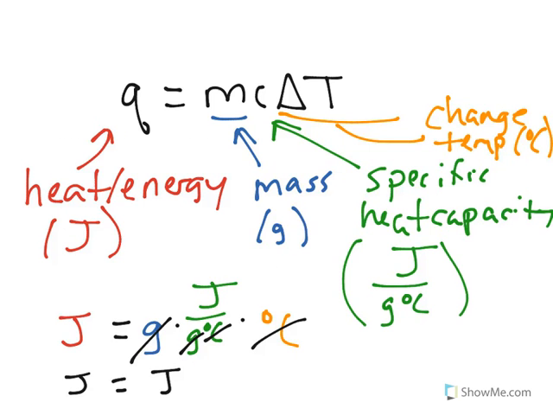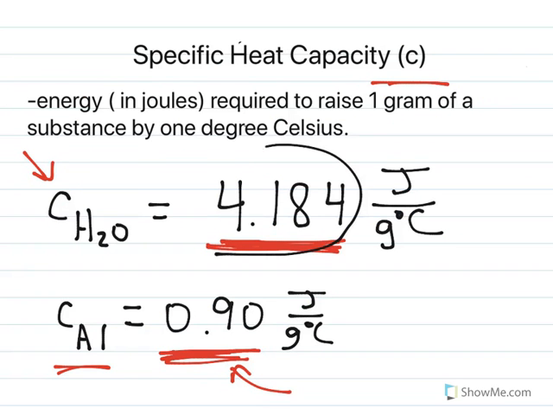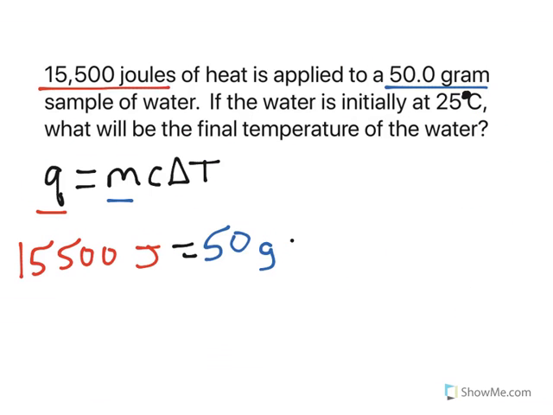But the specific heat capacity of water, as we said, is 4.184 joules per gram degree Celsius, which leaves us with our delta T, our change in temperature. Now you have to be careful because this is the change in temperature. This 25 degrees Celsius is the initial temperature.